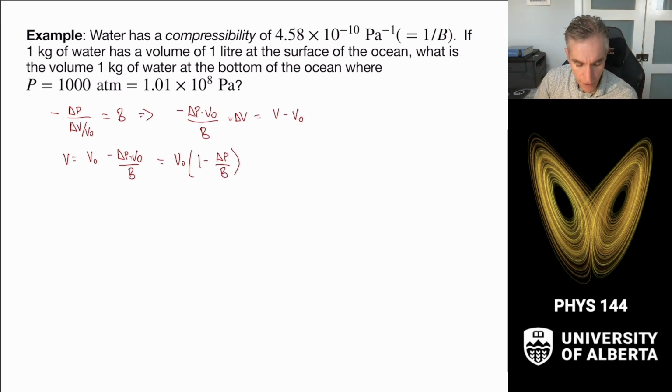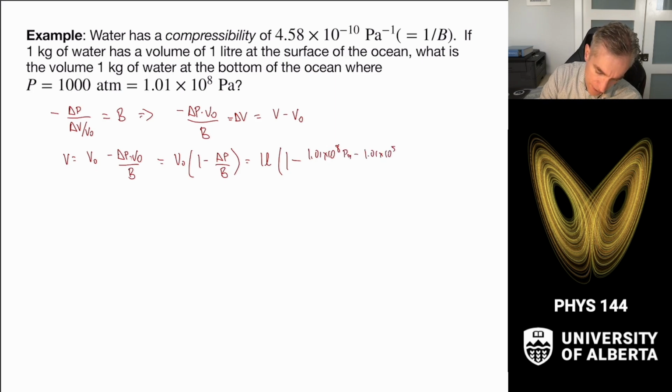And from here, I can just stick in some numbers. So we get that this is equal to 1 liter times 1 minus the change in pressure, which is 1.01 times 10 to the 8 pascals, minus 1.01 times 10 to the 5 pascals, all divided by that bulk modulus, which I have forgotten I expressed as a compressibility.